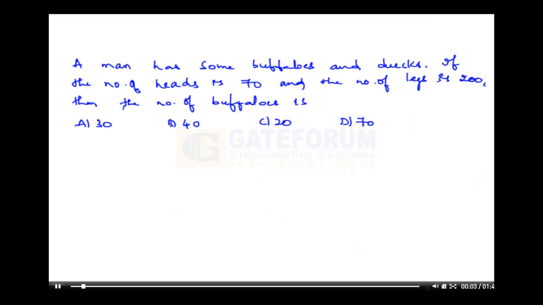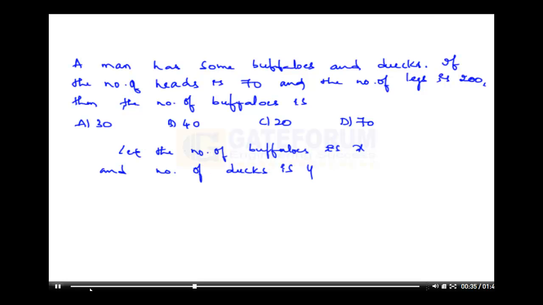Given a man has some buffaloes and ducks. The number of heads is 70 and the number of legs is 200. Now we have to find the number of buffaloes. Let the number of buffaloes be x and the number of ducks be y.